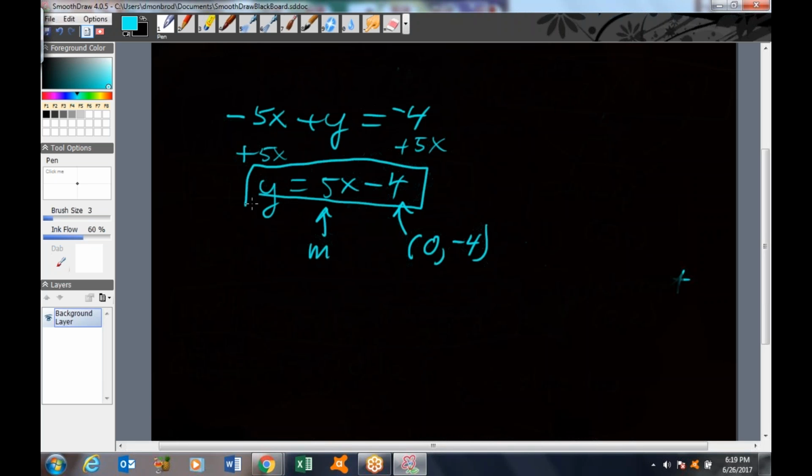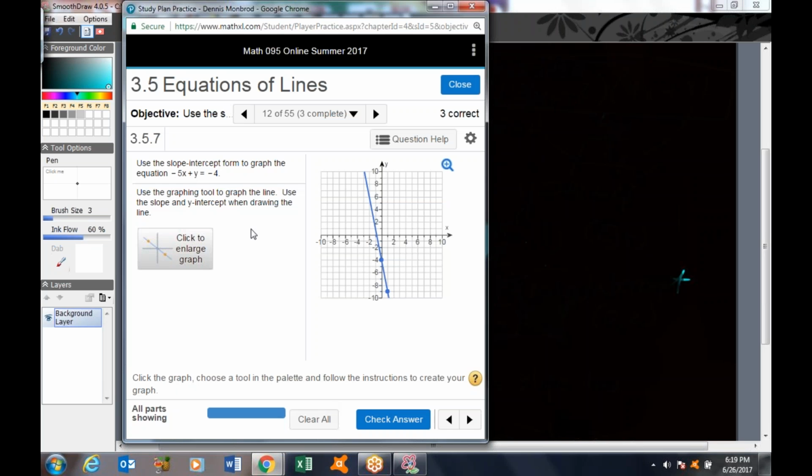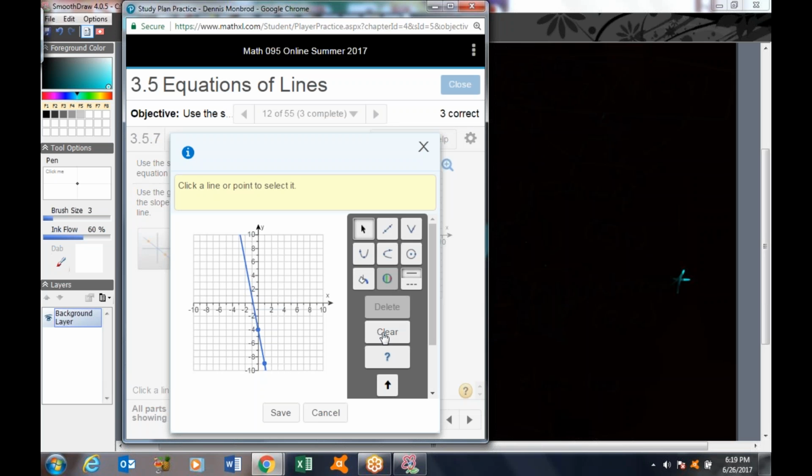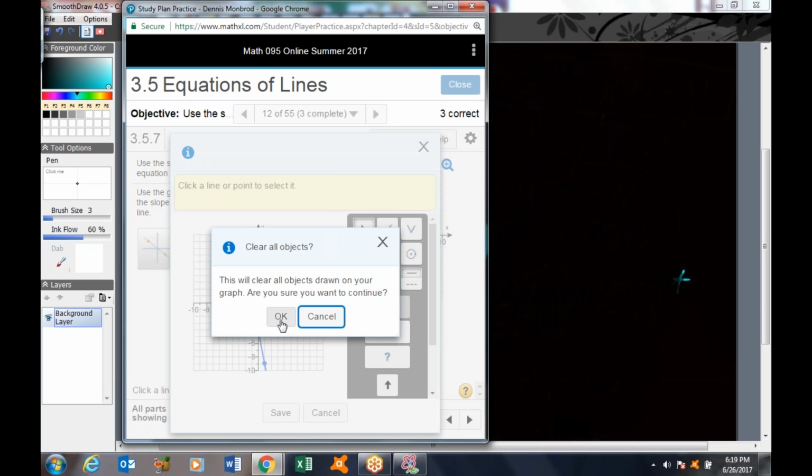When I was looking at this equation, I, by accident, looked at that negative 5. Now that's not going to work. So let's redo that. It should be a positive 5, because remember that term was moved to the other side. So let's fix that. Let me come in here, clear this out, and try it again.